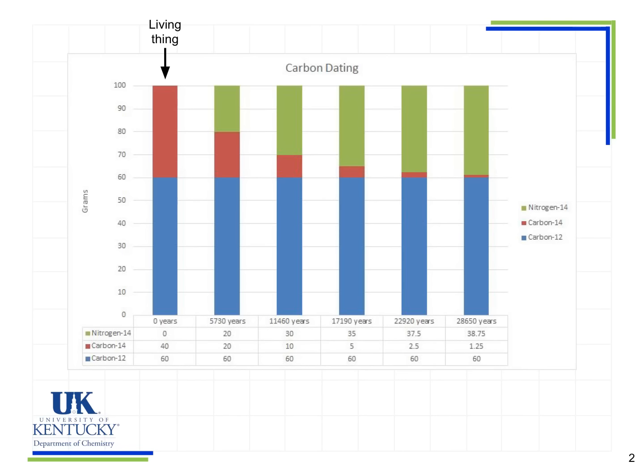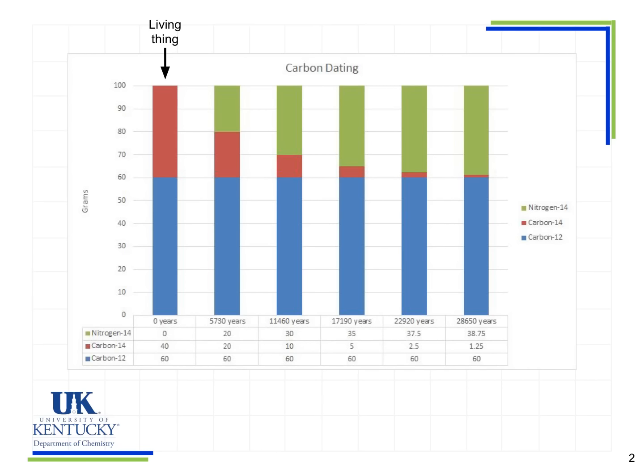Imagine that we started with 60 grams of carbon-12 and 40 grams of carbon-14. After 5,730 years have passed, we will still have our 60 grams of carbon-12, but now we will only have 20 grams of carbon-14, and the remaining 20 has been converted to nitrogen-14.